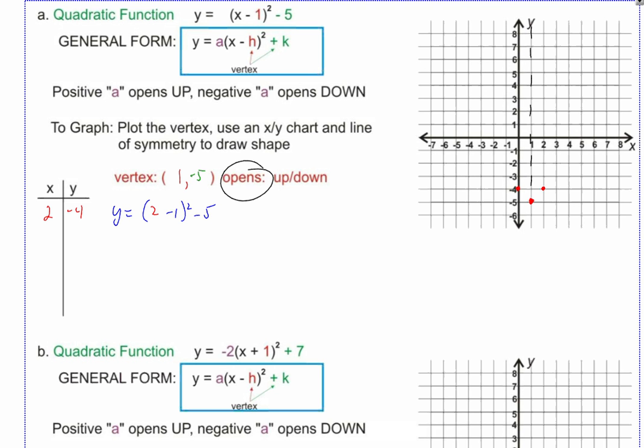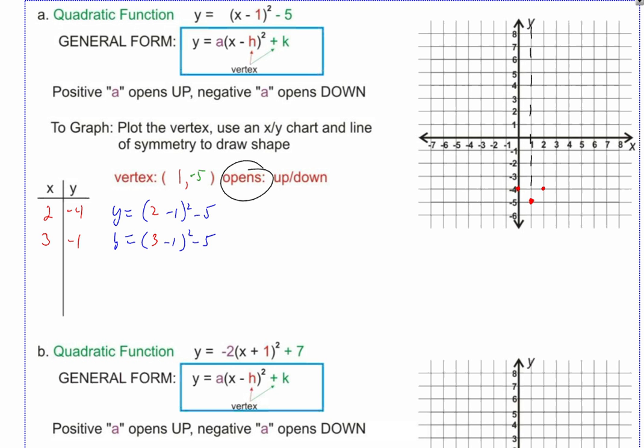All right. Next value, let's go to 3. Do your function with a 3 in for the x. Everything's the same except the red goes from 2 to 3. All right, talk to me. 3 minus 1 is? 2 squared is? 4 minus 5 is? Negative 1, right?